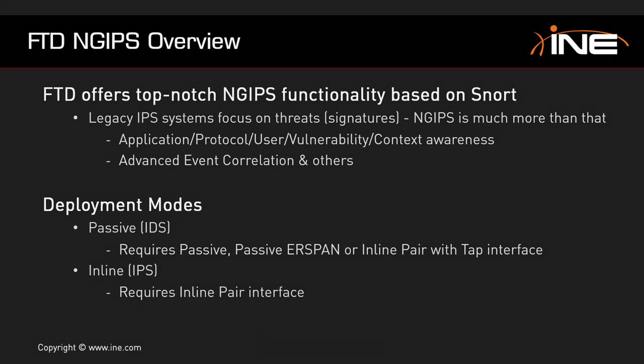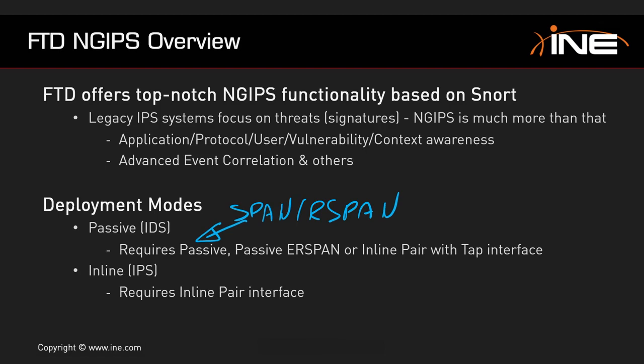Of course, with a passive solution, as I explained in one of the previous sessions in another module of this series, we will copy communication from the network using SPAN or maybe RSPAN, take the traffic from the switch, and send it to the interface of FTD for inspection.